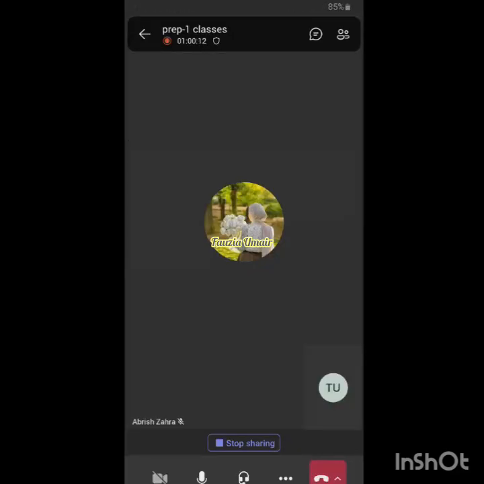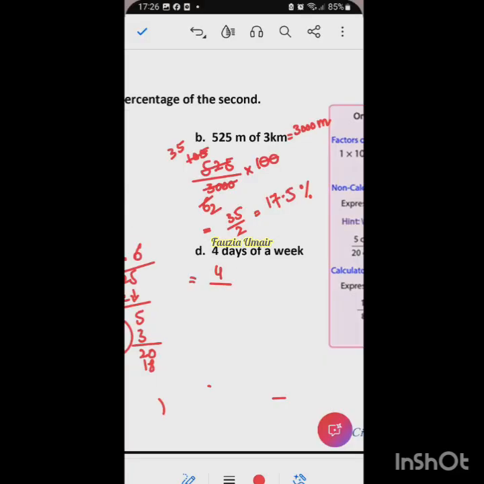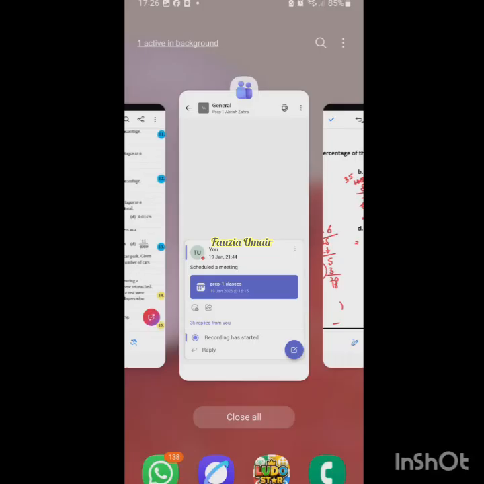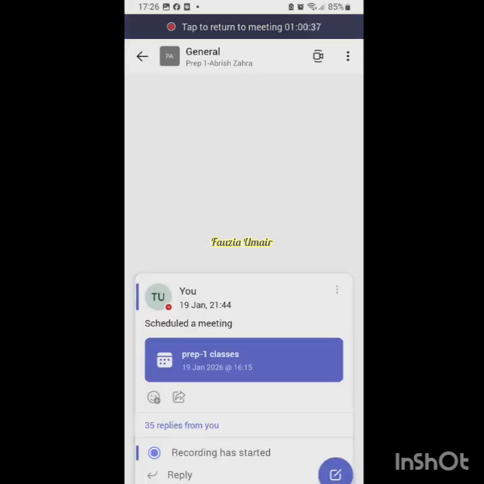All right, I will share the screen again. Can you see the screen now, Abrish? No, ma'am. Is it still black? Yes. Is the internet fine at your end? Yes, ma'am. Is the screen sharing stopped? Yes, ma'am, the screen is totally blank, no whiteboard and no worksheet.